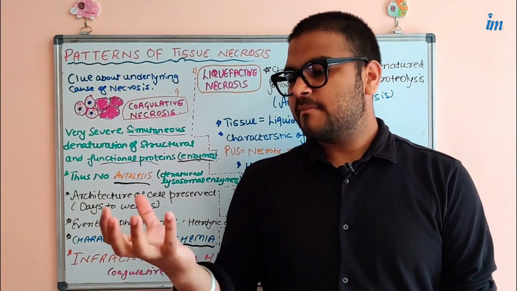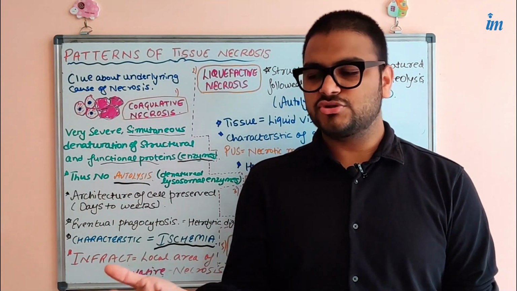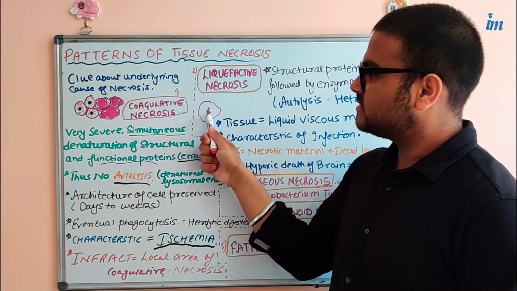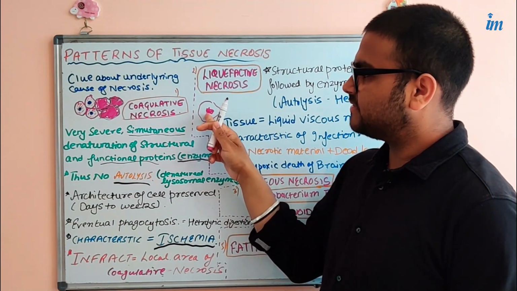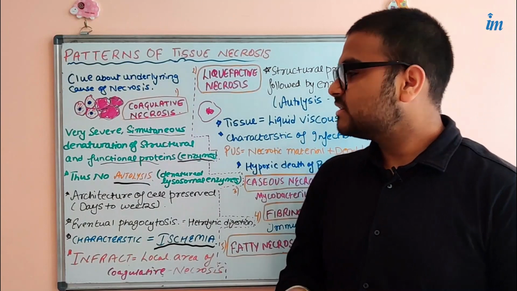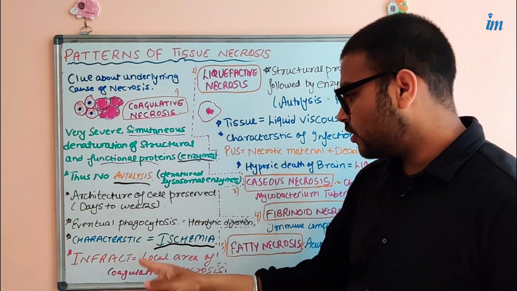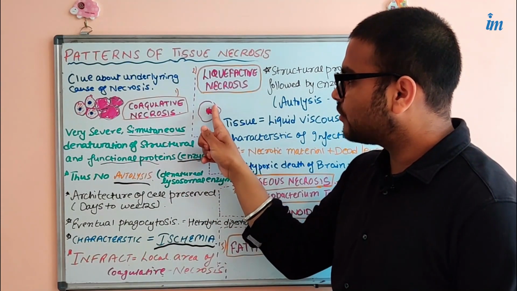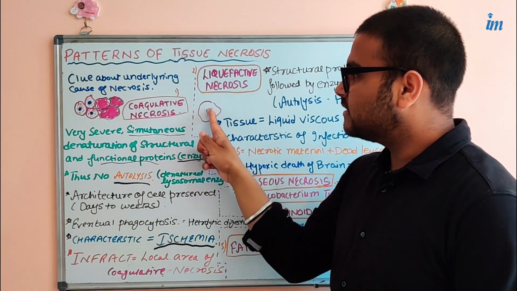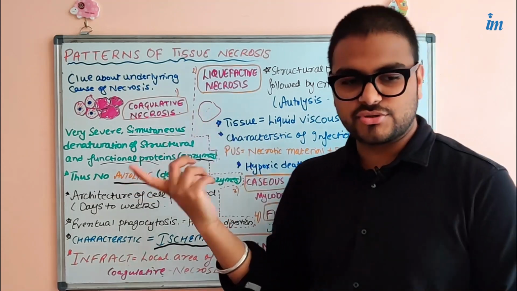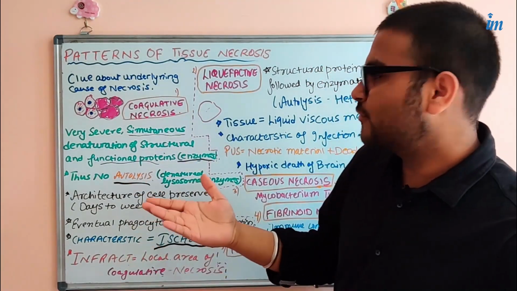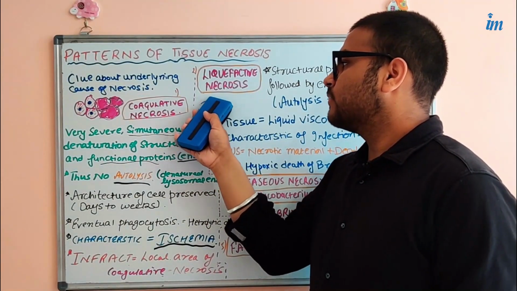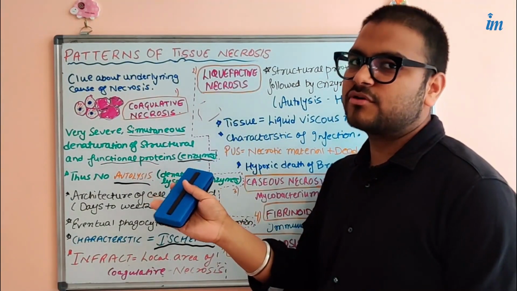If I give you a myocardial tissue, and I say this is a myocardial tissue and this is infarct present in the tissue, infarct means the portion of the myocardial tissue that is a local area of coagulative necrosis. Necrosis has taken place in this place of the myocardium tissue. So that local area of coagulative necrosis is what we call infarct.